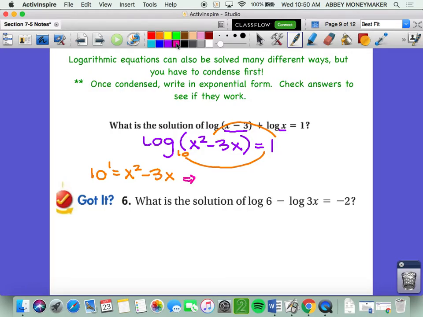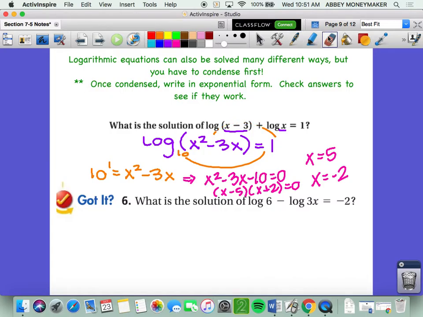So x squared minus 3x minus 10 is equal to 0. What multiplies to give me negative 10, adds to give me negative 3? Negative 5 and positive 2. So x could equal 5 or x could equal negative 2.